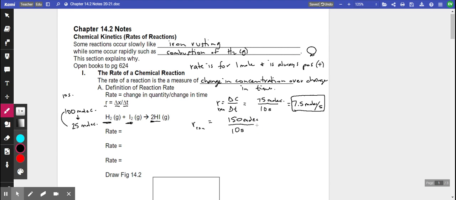But I want it to match up. So what we have to do is we want for 1 mole of reactant or product. So we're going to take whatever the coefficient is and put 1 over that coefficient. So it's going to be 1 over 2 in this example, which then would give us the same value.